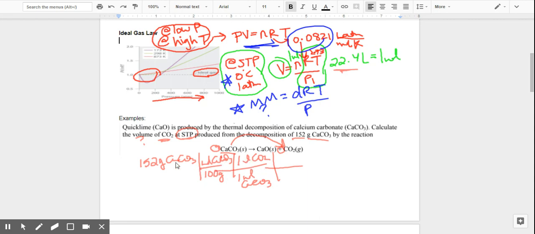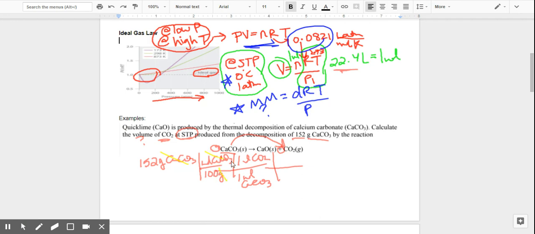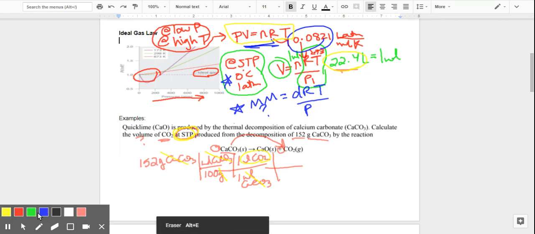Now if I cross out my units appropriately, I've converted to where, if I did the math here, I would be getting moles of CO2. And what I want is volume. Now, because it says STP, I don't have to stick the moles into PV=nRT. Instead, I can just use 22.4 liters is equal to 1 mole. If this wasn't at STP, I would first have to get more information and stick that information into PV=nRT to solve for my volume.